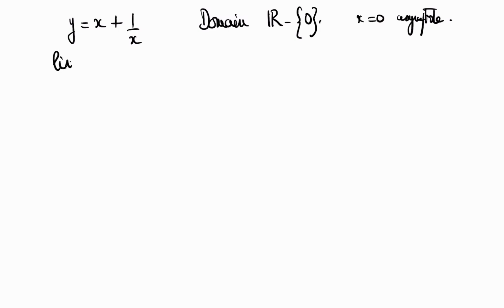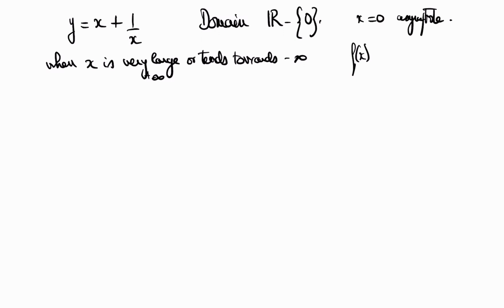Well, when x is very large, or tends towards plus infinity or minus infinity, so either very large or very small, then f of x is pretty much the same as x, because 1 over x is negligible.